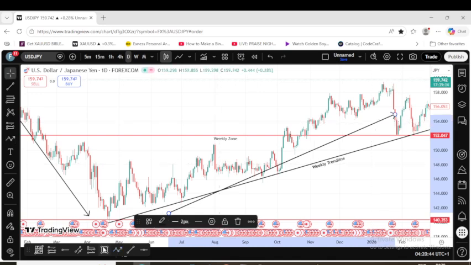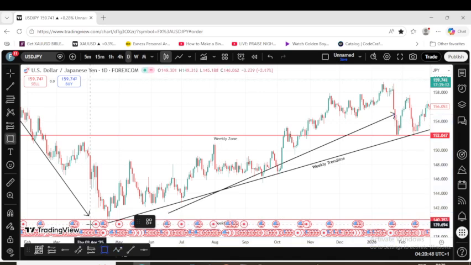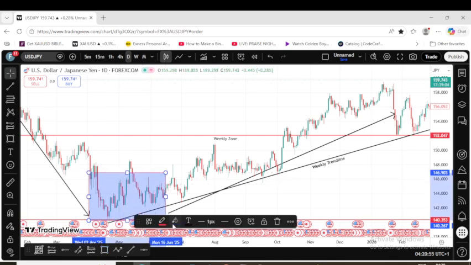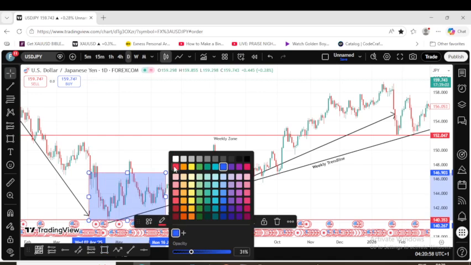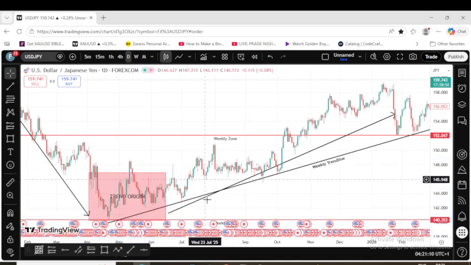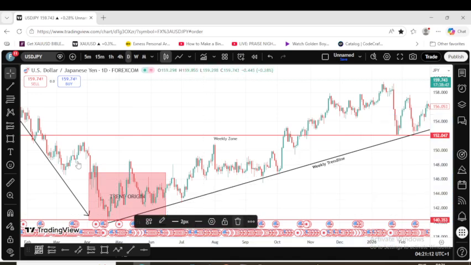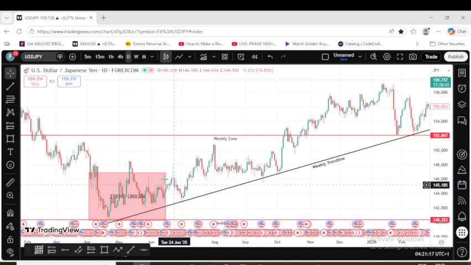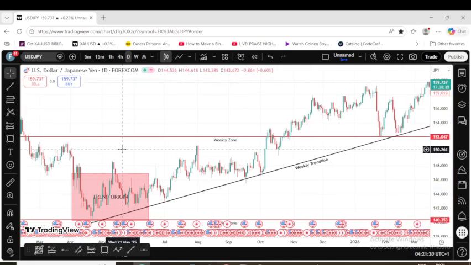So this region between the end of the bearish move and the beginning of the bullish move is what we identify as our trend origin.